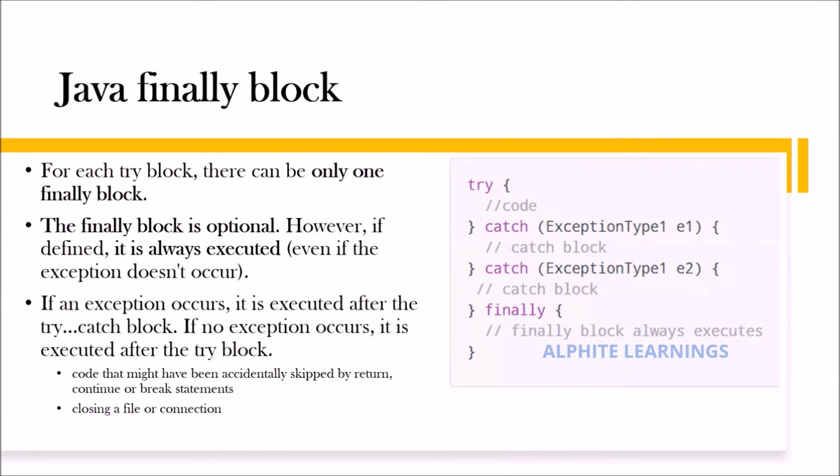Whenever you are writing some code inside try, consider any number of objects it creates inside your try. We have learned about closing an object, right? So the object name dot close.